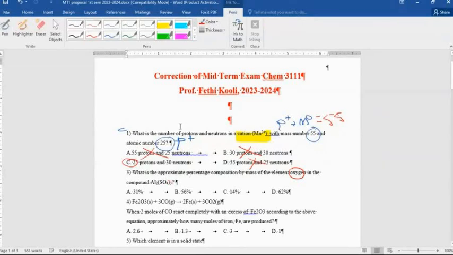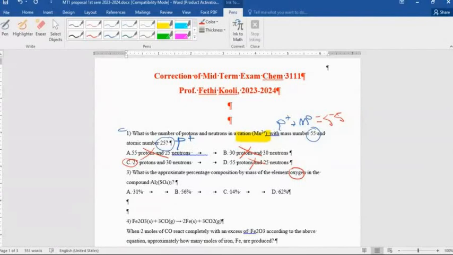So, before I answer this question, I have to know what the mass percentage means, the mass percentage of an element in a compound. So oxygen percent in mass will be equal to the mass of oxygen divided by the molar mass of my compound.